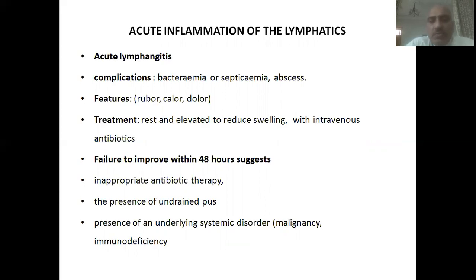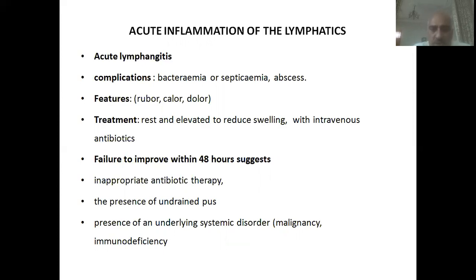There will be streaks of reddish lines, and ultimately there will be enlarged lymph nodes. If it is not controlled in time, it will lead to bacteremia and septicemia, with all the inflammation features: heat, fever, pain. Now, treatment is just to give rest, elevate to reduce swelling, and give IV antibiotic.